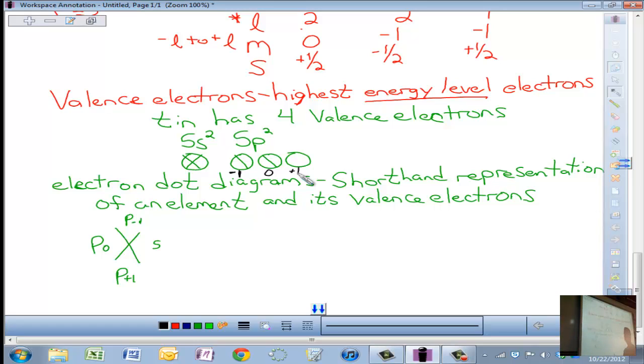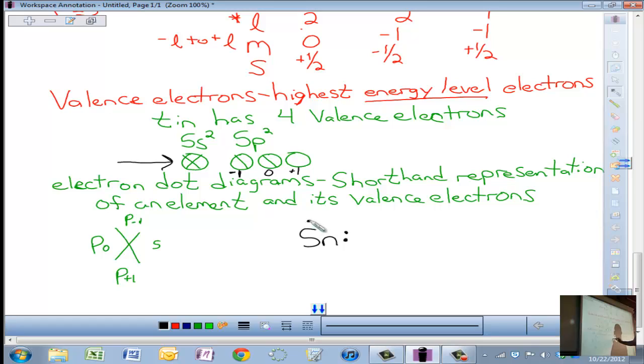So if I were to do this for tin, the symbol Sn, on the right side goes my S electrons. When I look there, that circle has 2 lines in it, or it has an X, so I'm going to put my 2 dots right there. Those represent the electrons in the S. When I go to the -1, there's only 1 line in it, so there's only 1 electron.